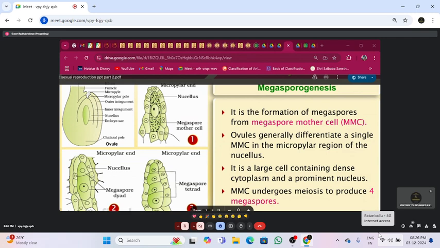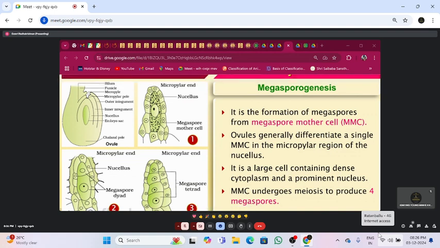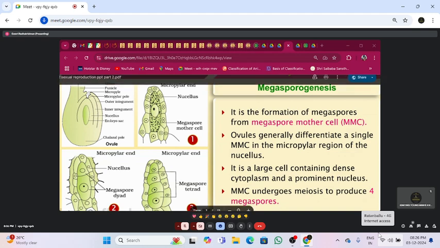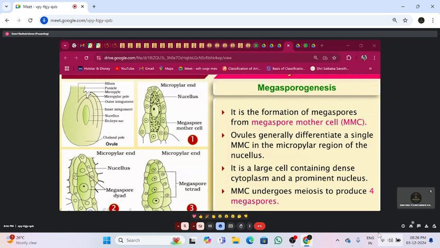The ovules generally differentiate a single megaspore mother cell in the micropylar region of the nucellus. It is a large cell containing dense cytoplasm and a big prominent nucleus.